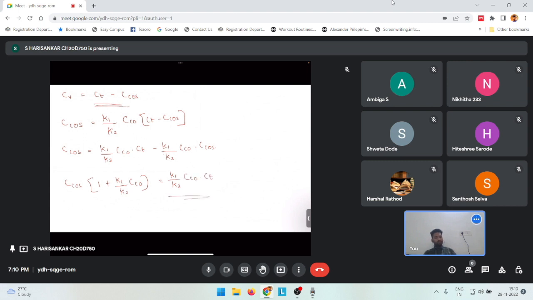Note that K1 by K2, the reaction rate constant for the forward reaction divided by the reaction rate constant for the backward reaction, is nothing but your equilibrium constant K. Now we rearrange this and apply K1 by K2 equal to K. We'll get CCOS equal to K CCO Ct by 1 plus K CCO.